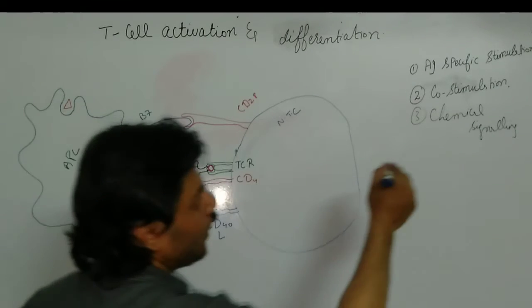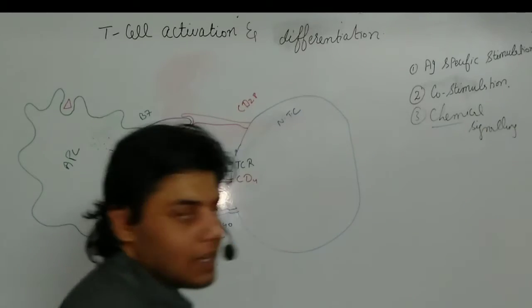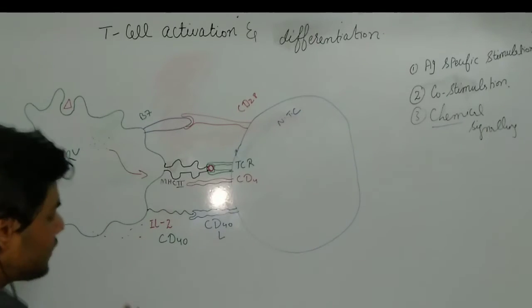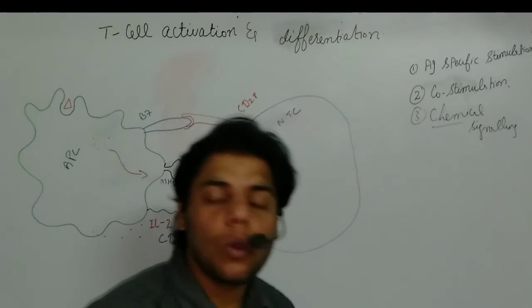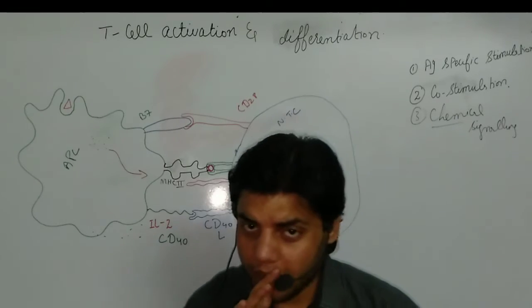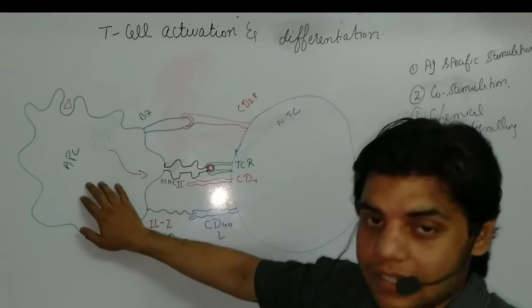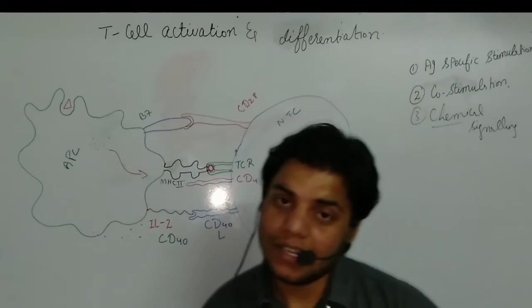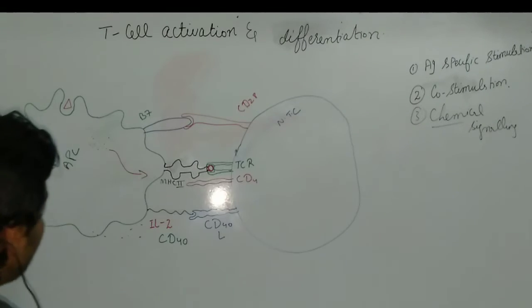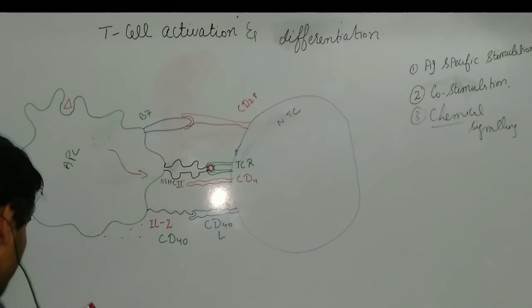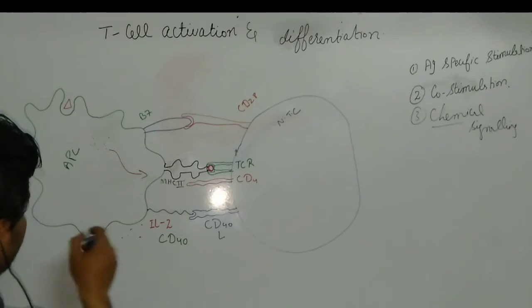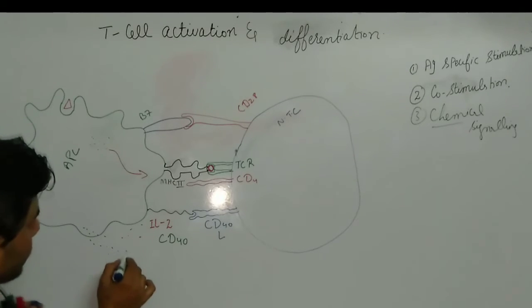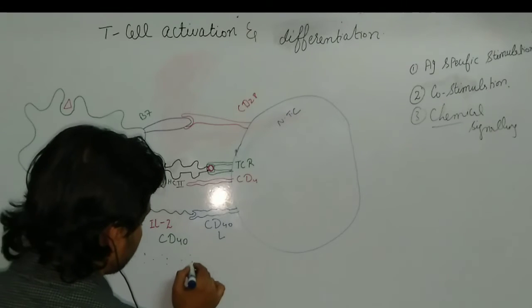Then the third pathway will activate, which we call the chemical signaling pathway. During this time, different kinds of cytokines will be secreted from this antigen presenting cell as well as from this T cell. For the first cytokine, we call that interleukin 12. Let's suppose these are the cytokines.